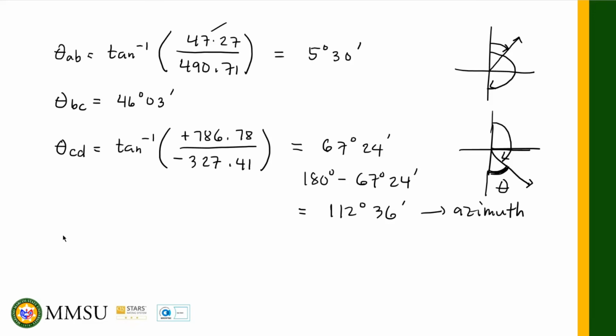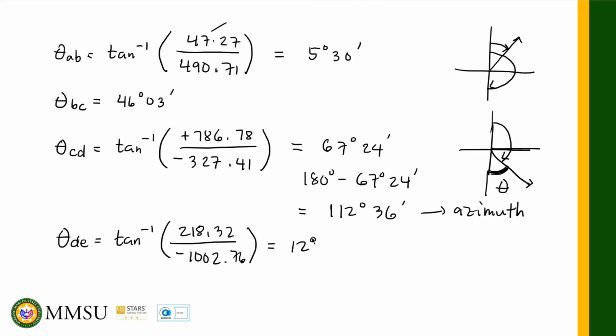Okay? Next, for theta DE. Theta DE, we have inverse tangent of positive, sulat na lang natin para makita nyo, 218.32, positive yan. Tapos negative dito sa baba na 1002.76. And we will come up with 12 degrees, 17 minutes. Okay? Remember ulit dito, nasaan yung theta natin?